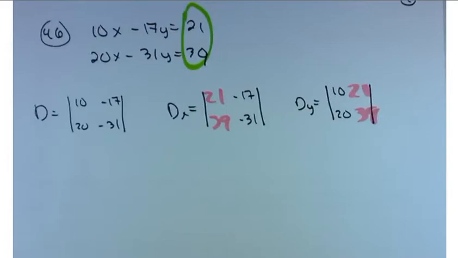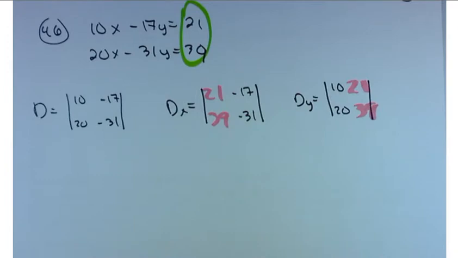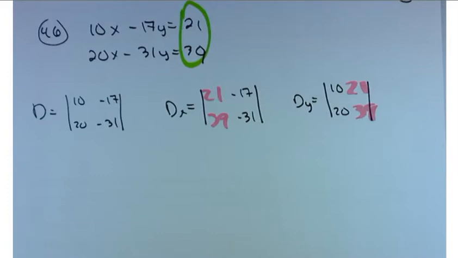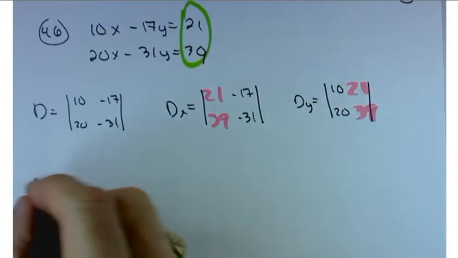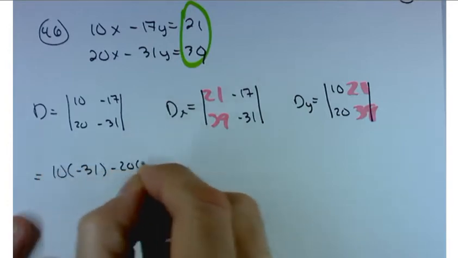Thank you. So, Victoria, maybe you can calculate d. Kenny, thanks for volunteering. You can calculate dx. And, let's see. Who have I picked on yet this morning? Yeah, Rebecca. dy. All right. All right. 10 times -31 minus 20 times -17.